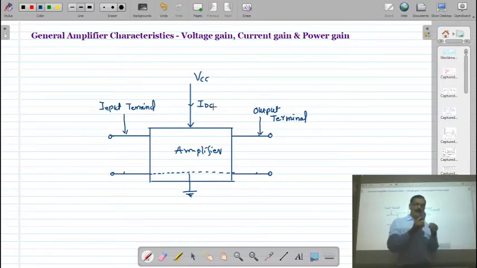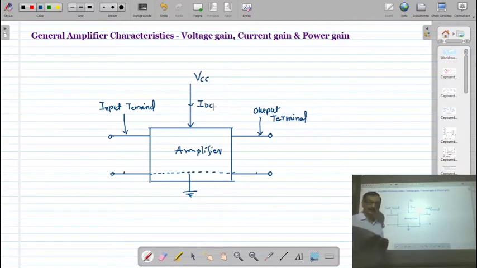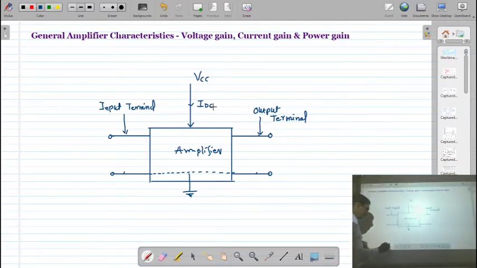Or if you have any kind of sensor, say the output of a thermocouple, you want to amplify, then the thermocouple is known as the source for the amplifier circuit. And here it is represented in this way. This source is connected at the input terminal, and it is providing an AC signal. So we use this symbol, and the voltage is represented as Vs.